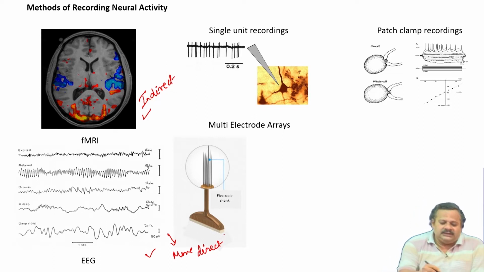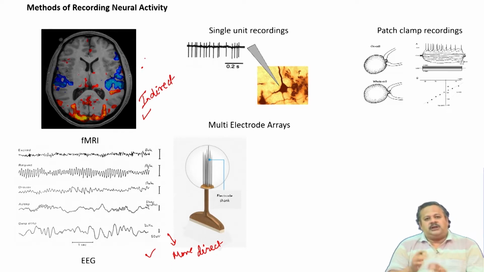So, let us see how we measure activity through fMRI. It is essentially that oxygen is required when action potentials are produced in one brain region, and so the oxygenation level of the hemoglobin at those regions decides the magnetic properties of the tissue there.